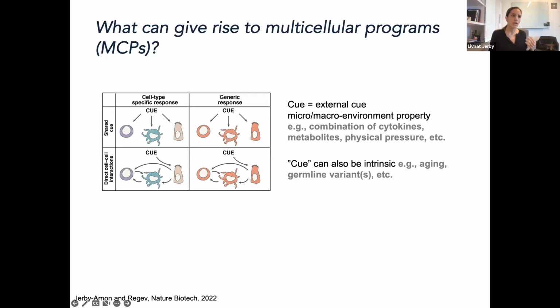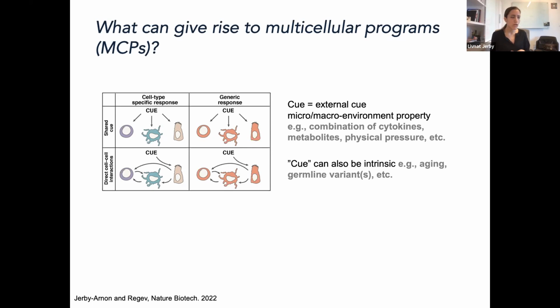We mostly think about this in terms of environmental factors, where different cells that reside next to each other are going to be exposed to the same signal, and it can be a metabolite or a physical pressure, a combination of cytokines, all sorts of things that we don't measure. But it can also be an intrinsic cue.